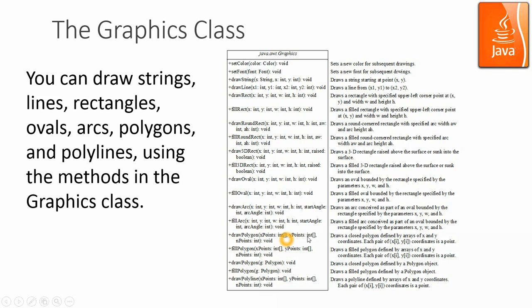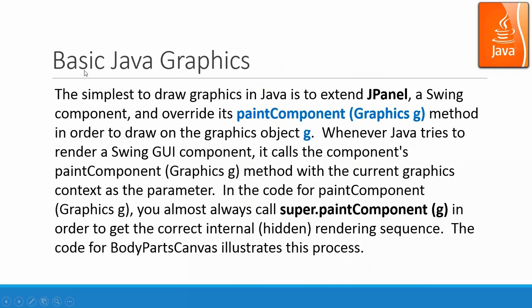These two have different parameters. And draw polylines. So Graphics is like a canvas and also like a pen. You can use these different pen methods to draw on the canvas.